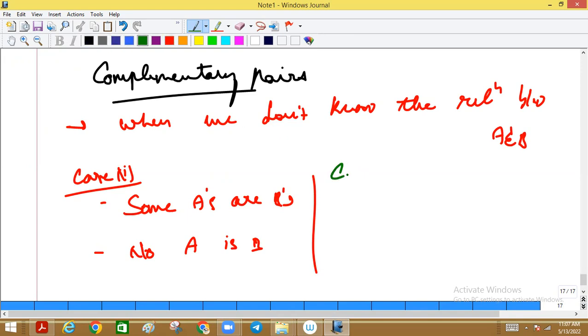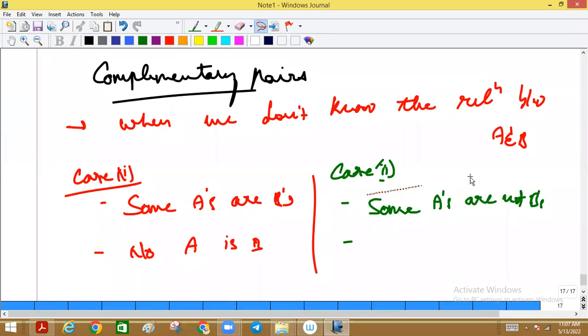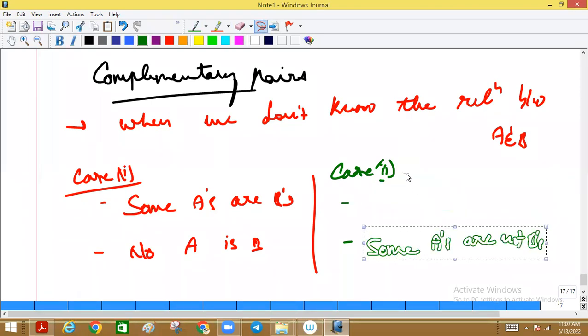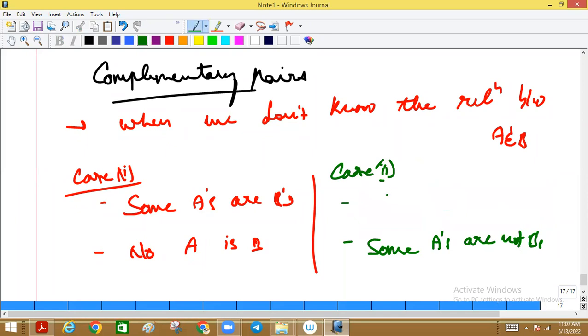Write down next, case 2. In one case, you are saying some A's are not B's. In another case, you are saying that all A's are B's.